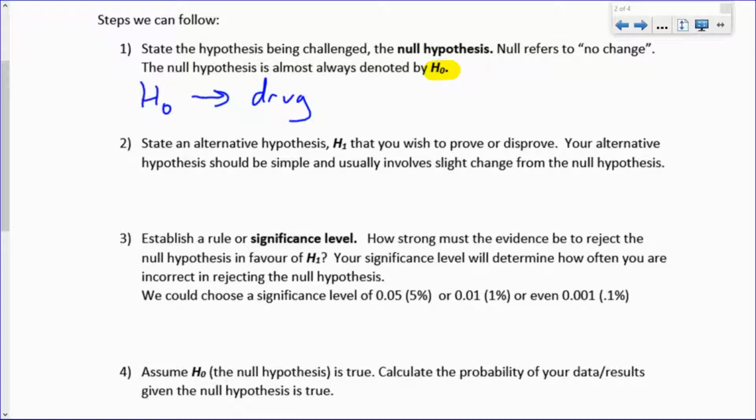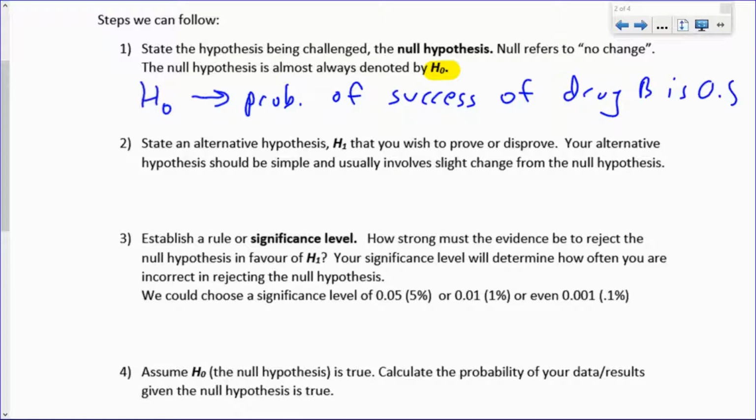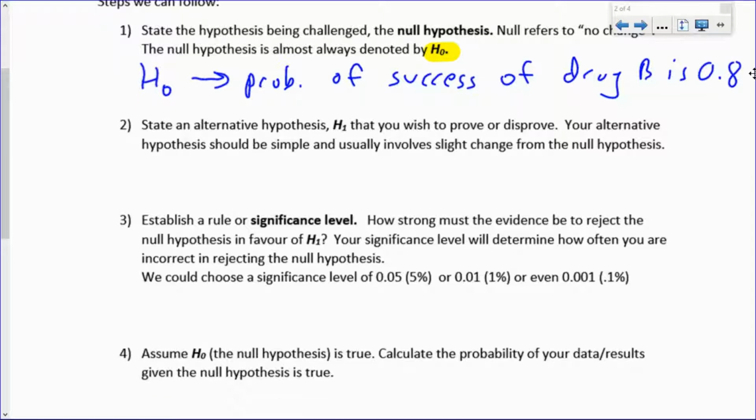So we would say that our null hypothesis is that the probability of success of drug A, or drug B, pardon me, is 80% or 0.8. So we're assuming here that drug B is just as effective as drug A. I'm going to call that a success.